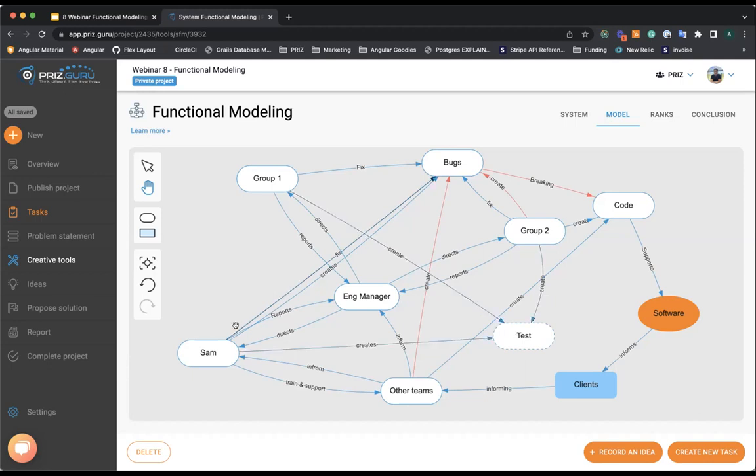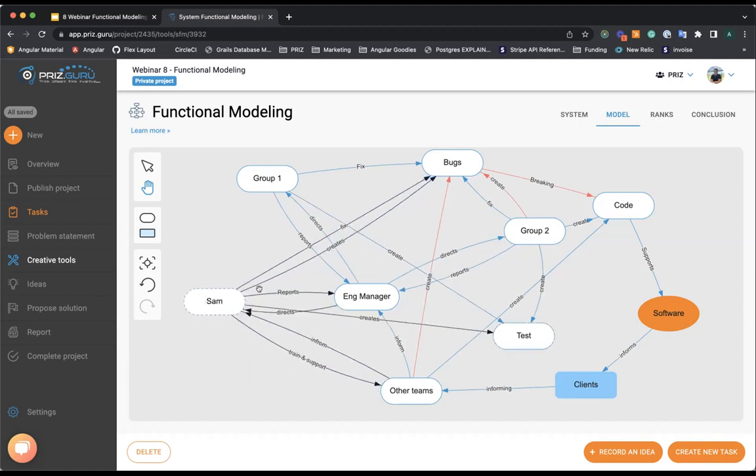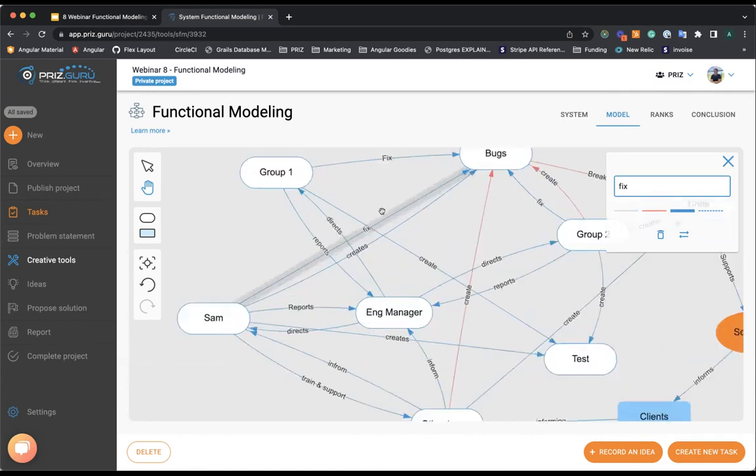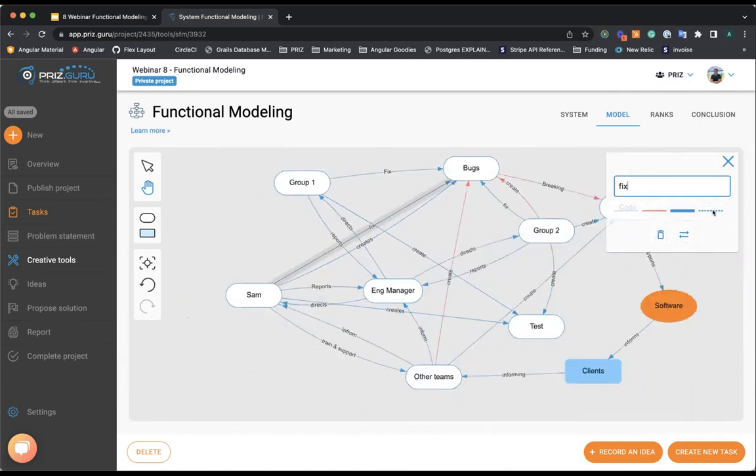Now, let's look at them in more detail in terms of the quality of the functions that they do, right? So as I was mentioning, this Sam has somewhat bad engineering practices overall. He's a good person. He knows a lot of things in the company, but has bad engineering practices. So basically when he fixes bugs, he doesn't do it very well. He's not very detailed.